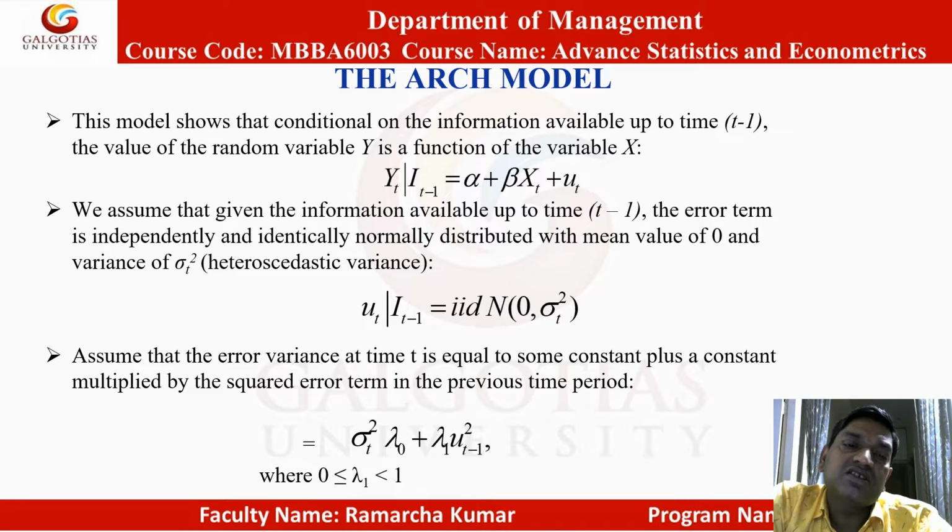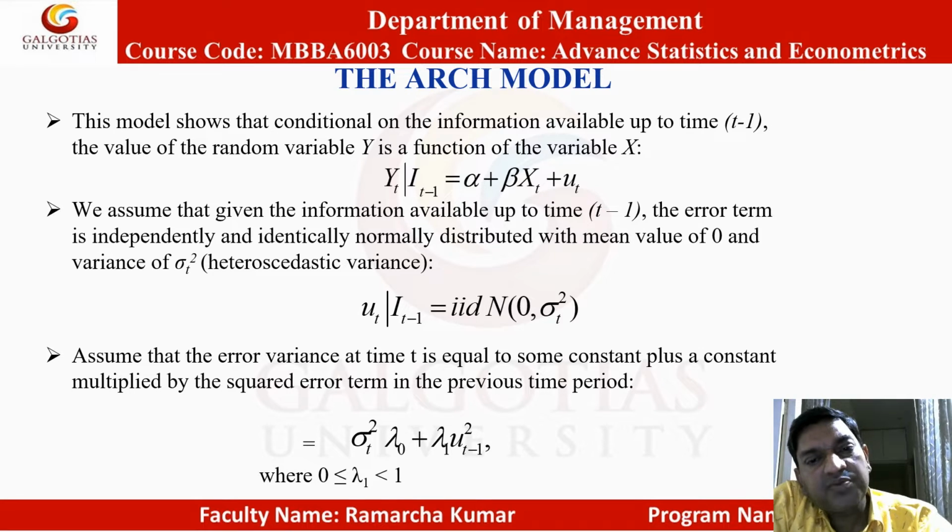Heteroscedastic variance. Notice here the subscript t. If it is homoscedastic variance, then there is no need for subscript t; sigma squared will be the notation. Now here the variance is different, that's why time period t is mentioned. So u_t is heteroscedastic.